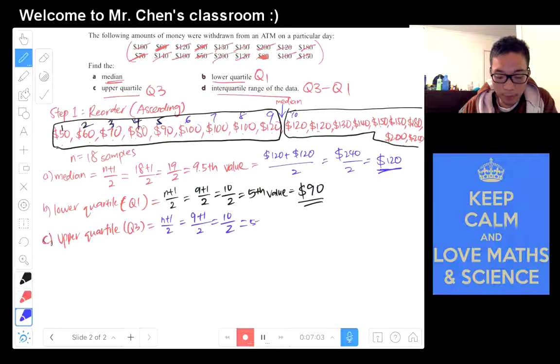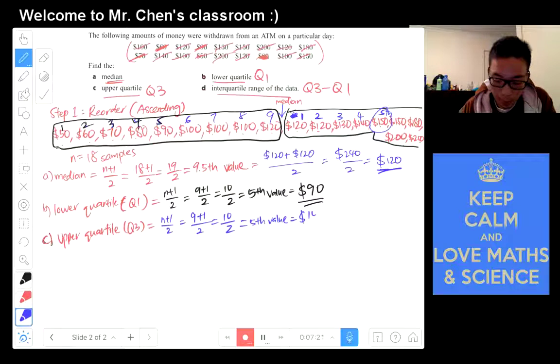Again, it's the fifth value, so you need to count here. It's no longer 10, it's starting as 1 now, because it is the second half of itself. 1, 2, 3, 4, 5th. So the fifth, there is your $150.